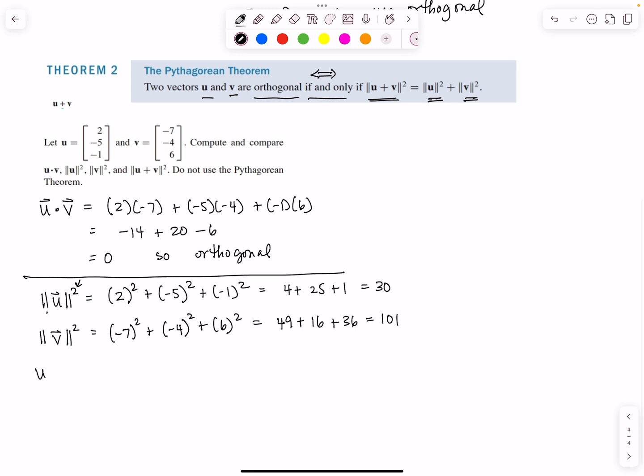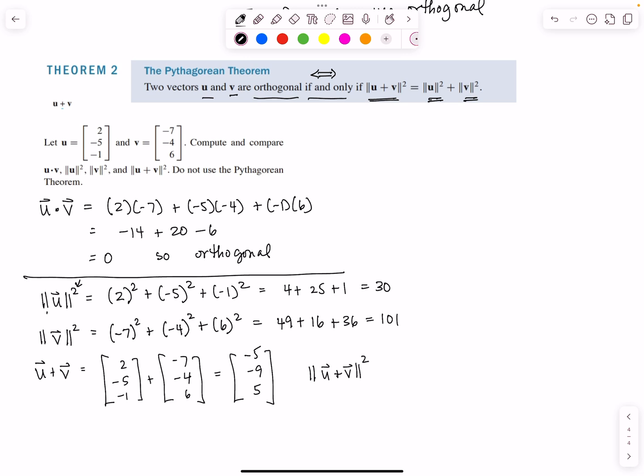So now let's figure out what u plus v is. So this is 2, minus 5, minus 1 plus minus 7, minus 4, 6. When I add, I get minus 5, minus 9, 5. Now let's find the length of this new vector, u plus v, and square it.